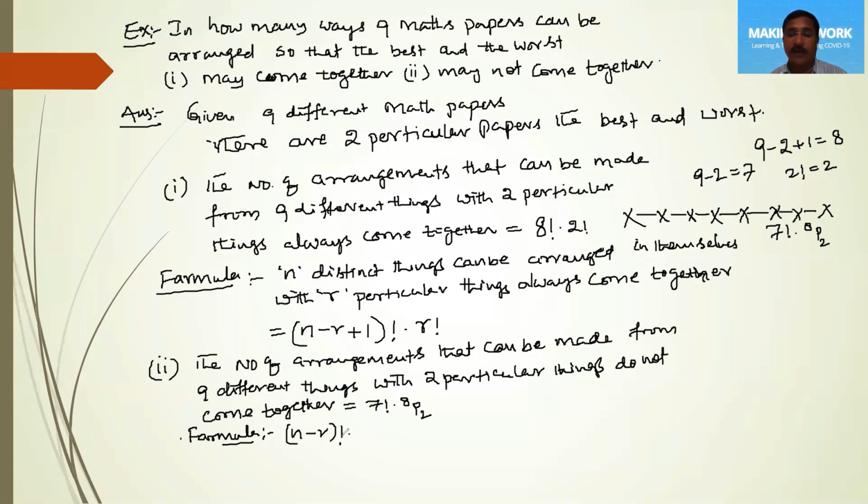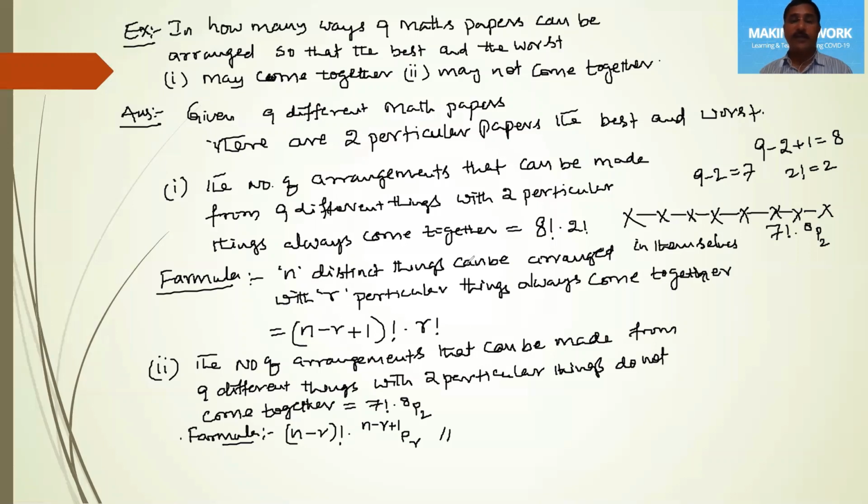So how many elements are arranged here? N minus r. Therefore, the number of blanks in between every 2 elements and at either of the ends will be n minus r plus 1. Now in these n minus r plus 1 blanks, those r particular elements can be arranged in n minus r plus 1 pr ways.